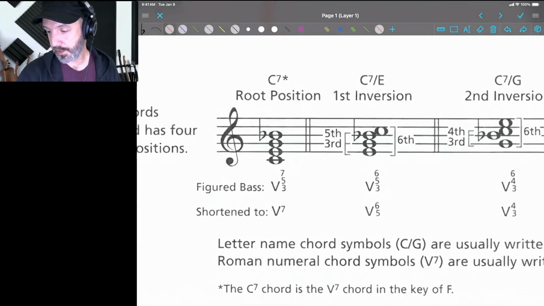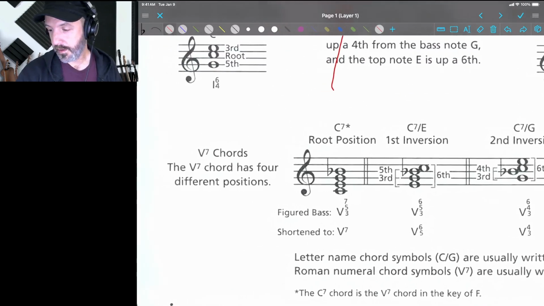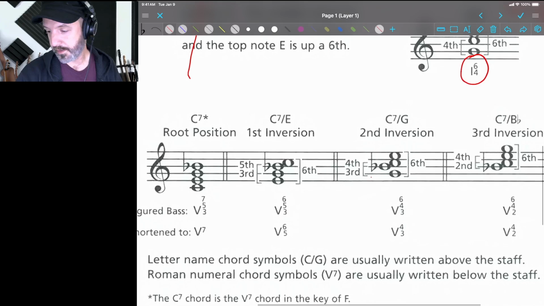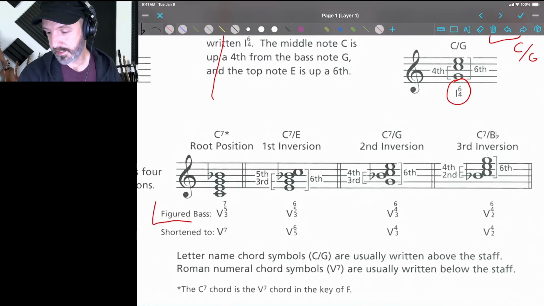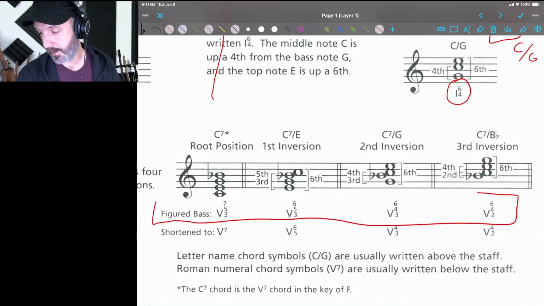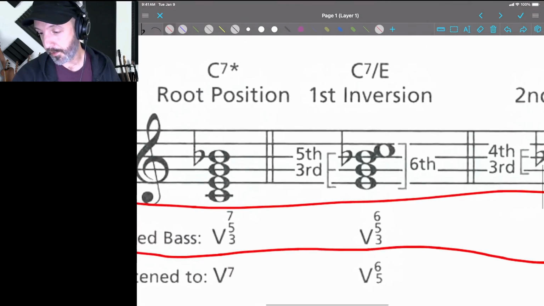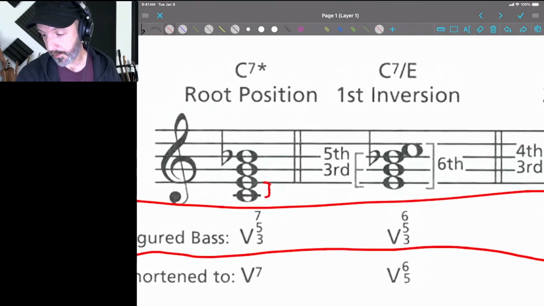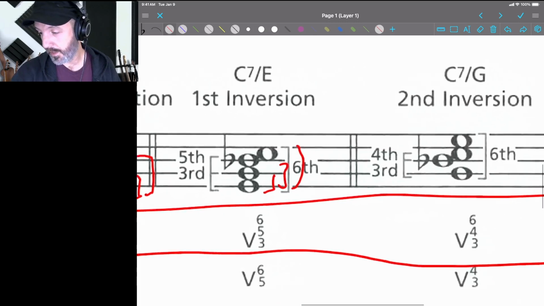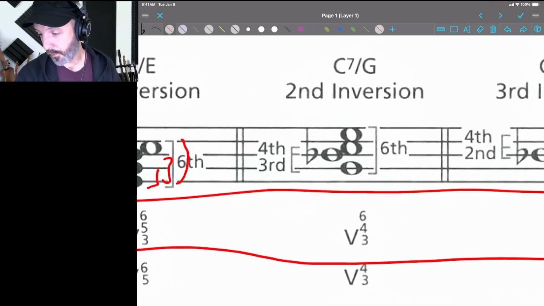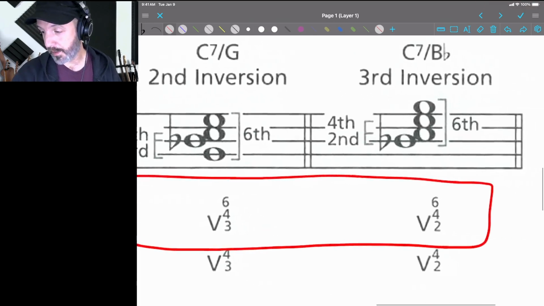Same deal here. This is always confusing at first. This is the raw version; you could figure this out by looking at it. They're not saying anything you don't already know. You can see that's a third, a fifth, a seventh. This is a third, a fifth, and a sixth, right? So on and so forth, a fourth, a third. They're all measuring from the bottom note.